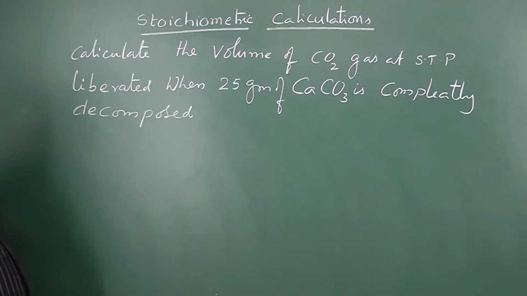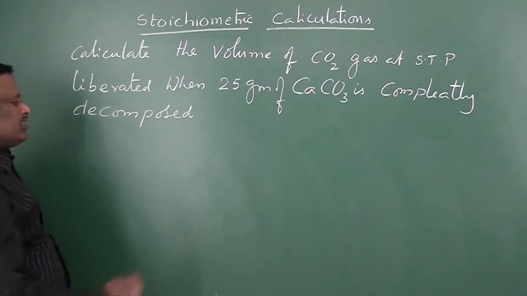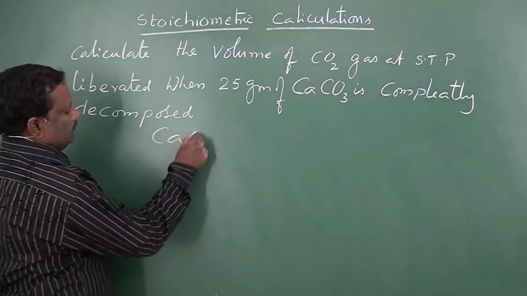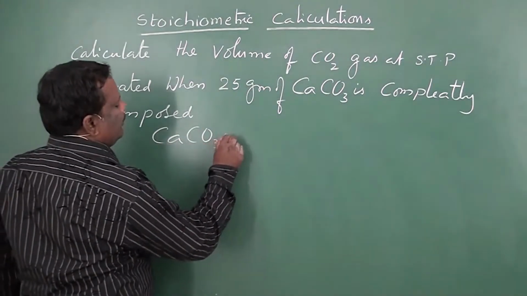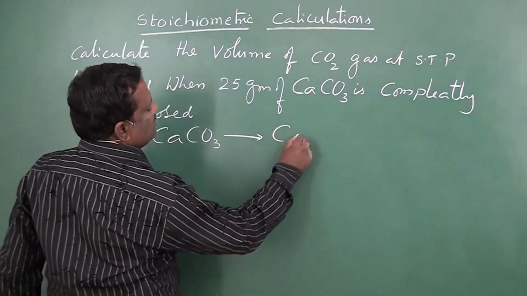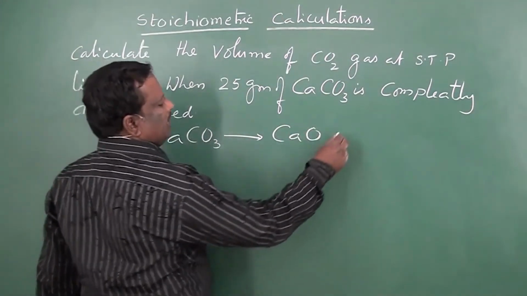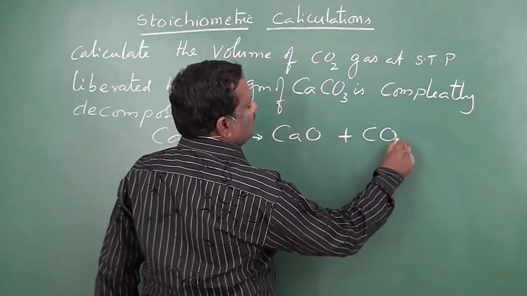So we already know that when calcium carbonate is decomposed, it decomposes to give calcium oxide and carbon dioxide. So CaCO3, when decomposed, gives us calcium oxide and carbon dioxide.